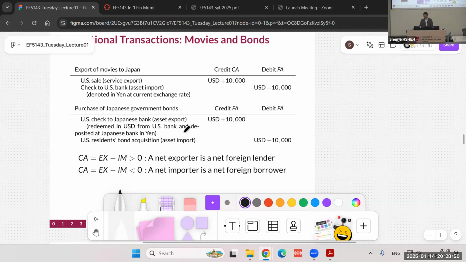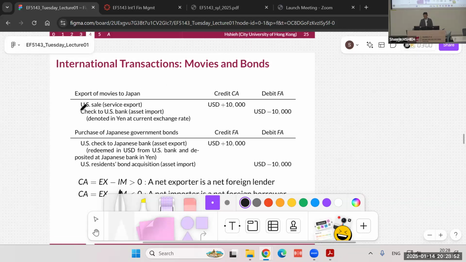In this example, I have two countries: the US and Japan. The US is a major exporter of movies and film. And in this example, we have the US exporting movies to Japan. So that's a physical good, or IP, a transfer of IP to Japan. So it's a service or commodity export.